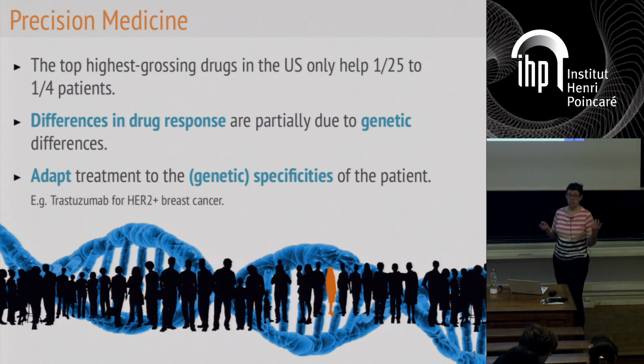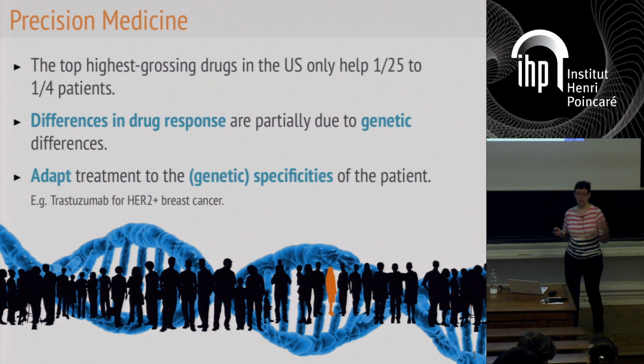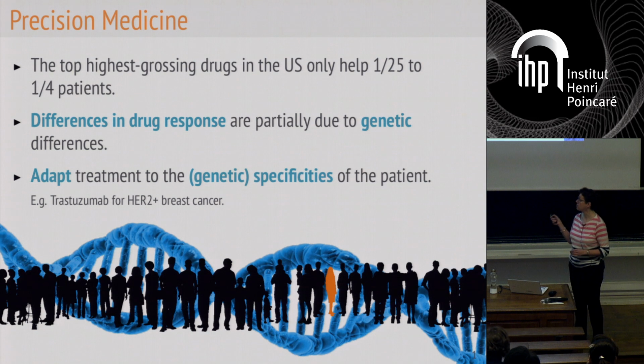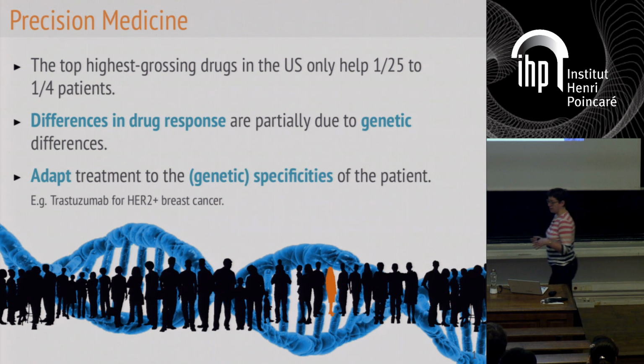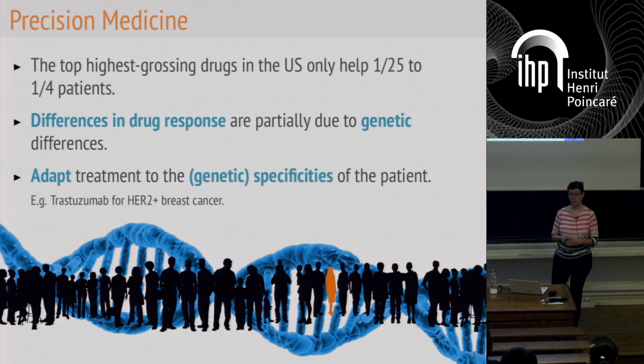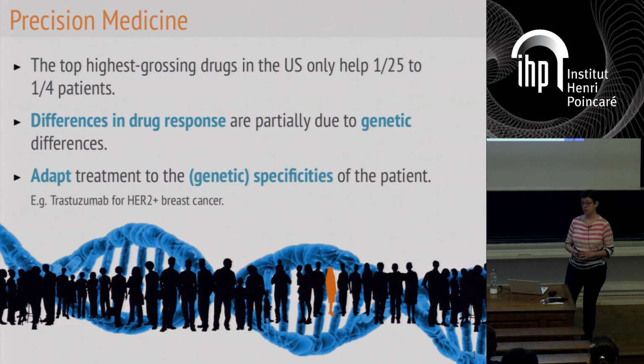This dysregulation is part of the breast cancer phenomenon, and you can try to target it with this drug. If this gene is not overexpressed, it's not involved in the breast cancer of the patient, even though you have the same symptom, which is to have a tumor in the breast. In this case, giving this drug is not going to help the patient.